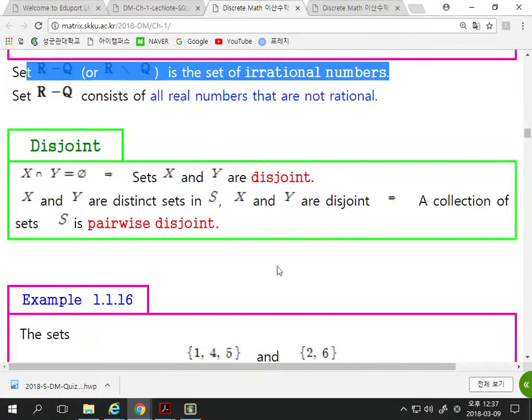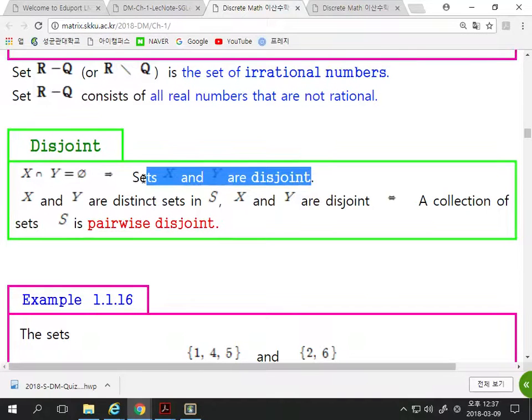Okay, and disjoint, you know the meaning of disjoint. If the intersection is an empty set, we call those two sets disjoint. And if X and Y are distinct sets in S and X, Y are disjoint, then the collection of sets is pairwise disjoint.